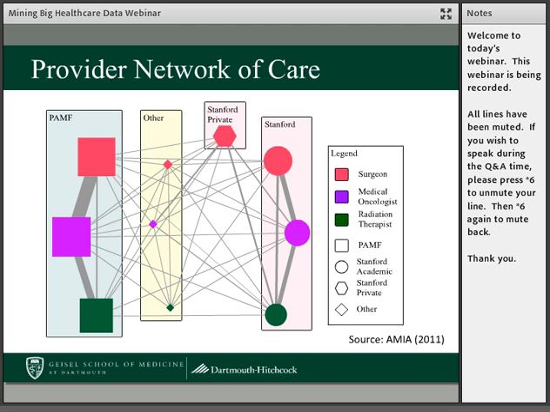There's much more flow going on the PAM side than on the Stanford side, which is not too surprising. PAM is a community-based care organization, and patients clearly tend to stay in the system, whereas Stanford is a tertiary care center, so patients are coming in and out from other sites. But this just confirms what we would expect to see in this kind of healthcare environment and competition.